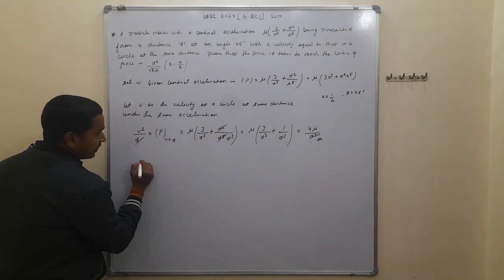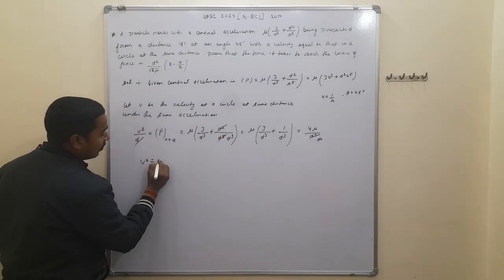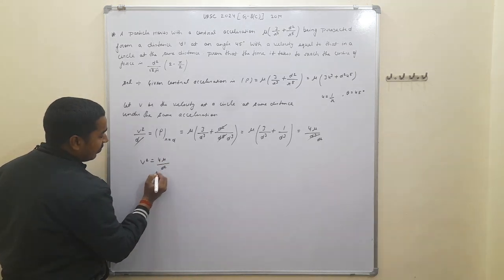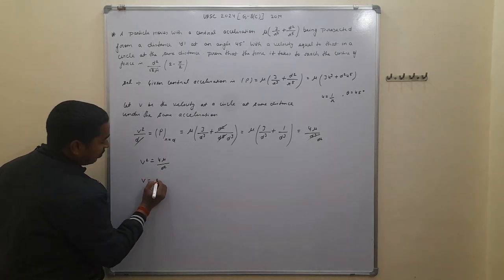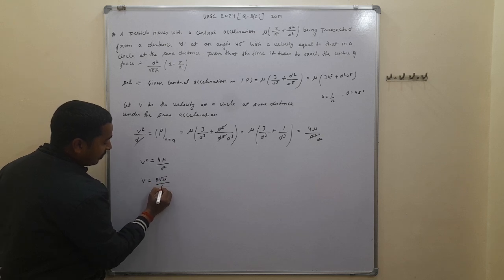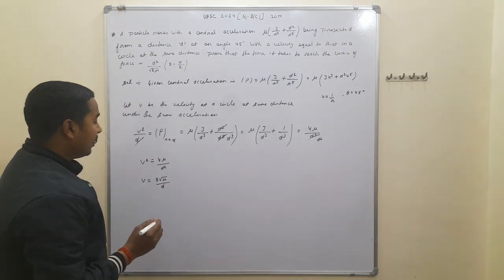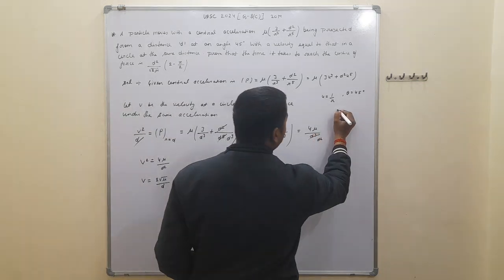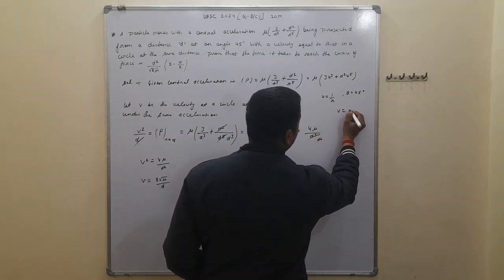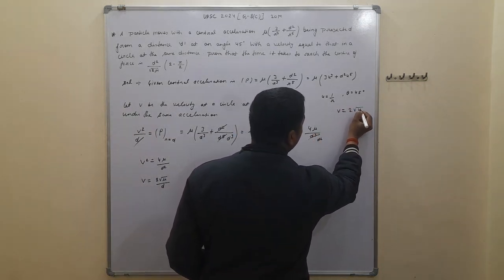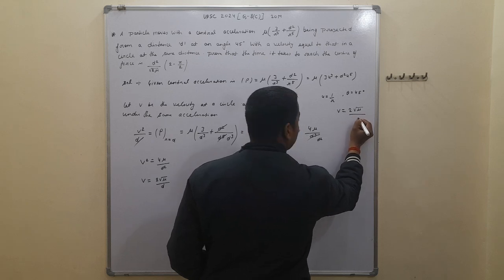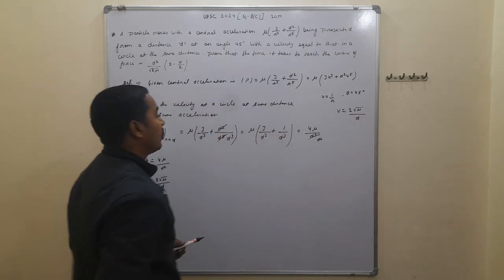So v square is equal to 4 mu upon d square, and v is equal to 2 root mu upon d. This is the value of v. Further we have to solve.